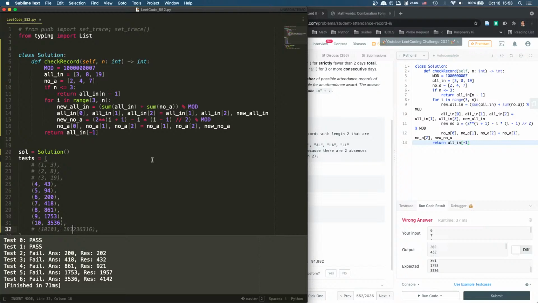But I'm actually not sure. Calculate it. 2, 3, 4, 5. This is what? No A but L. Right? No A but L. No A but L. How many different ways we can do no A but L? So 2 to the 5th, right? So 2 to the 5th power.